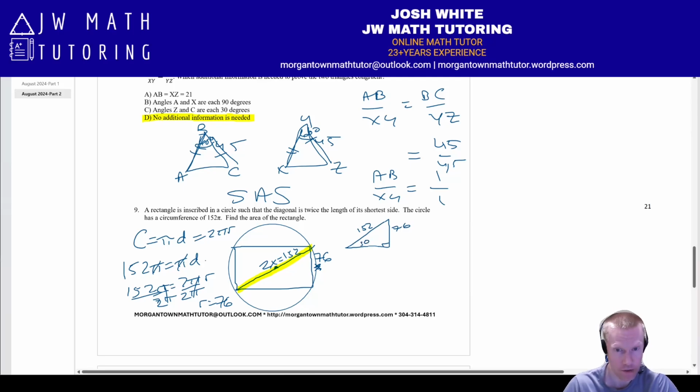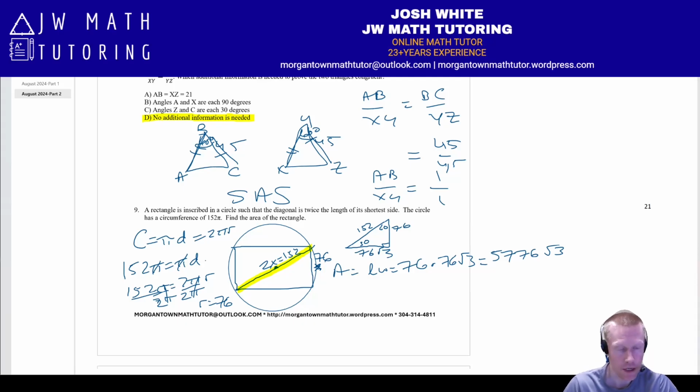So that means this has to be 30 and this has to be 60. And that would mean that this side down here would be 76 root 3. And then you could find the area by multiplying the length and width, which is 76 times 76 root 3. If you do that out, that will give you an answer of 5776 root 3.